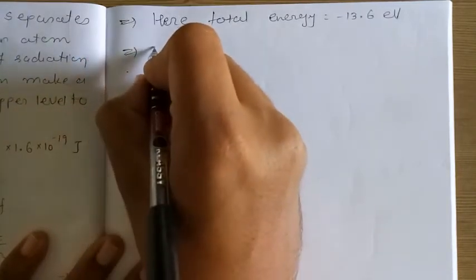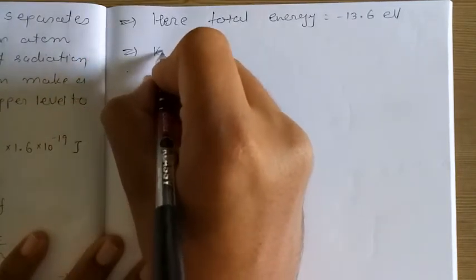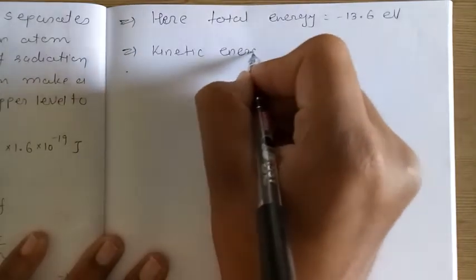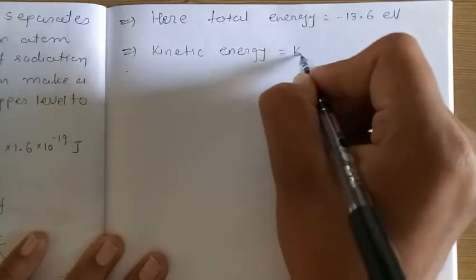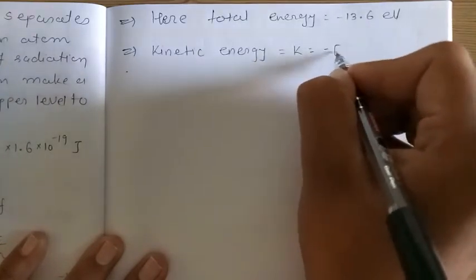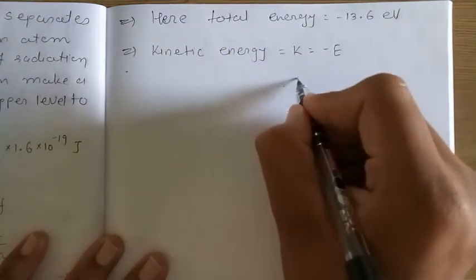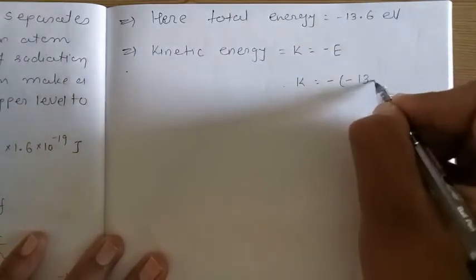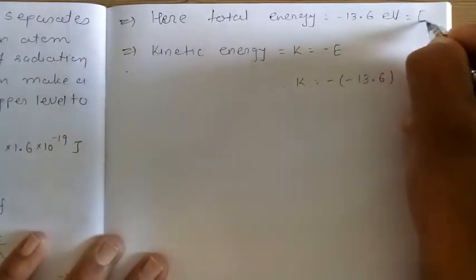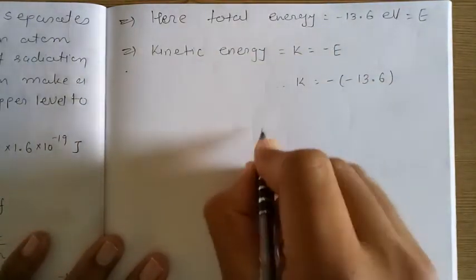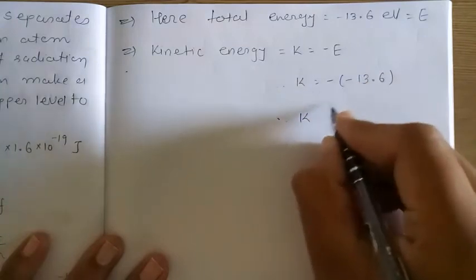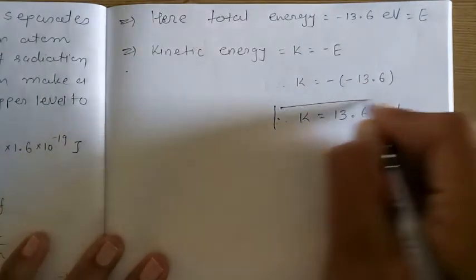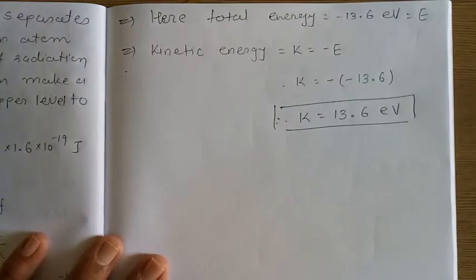So first of all, kinetic energy K is equal to minus E, right? So K is equal to minus, total energy is minus 13.6. Here this is the value of E, right? So K is equal to this minus minus plus, so K is equal to 13.6 electron volt.